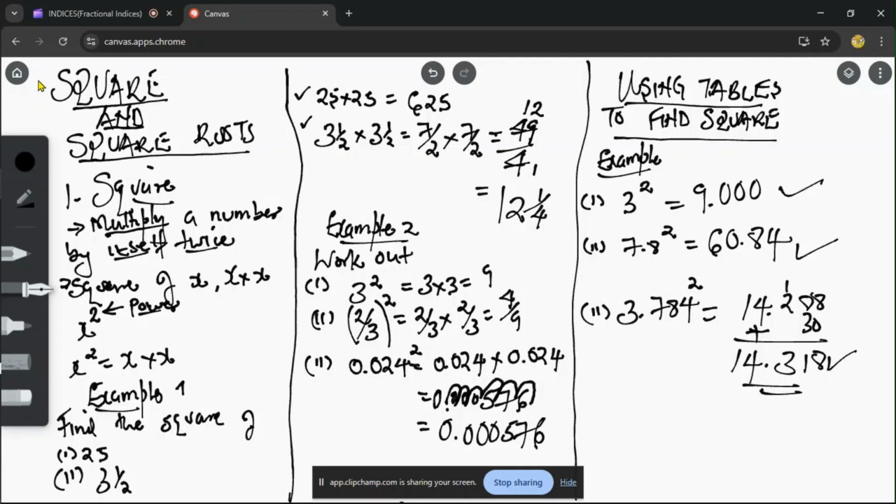The last part is what about when the decimals are more than 3. So let me pick the last number whereby you are having decimals that are more than 3. For example, a number like 9.8348 squared.